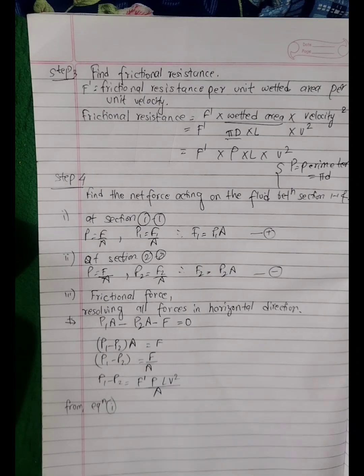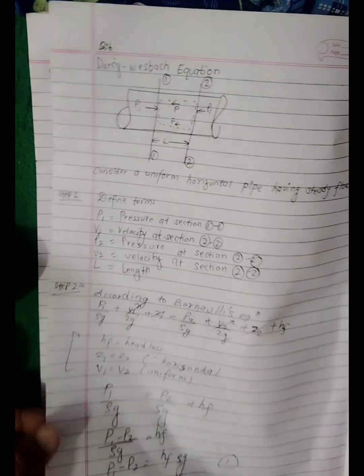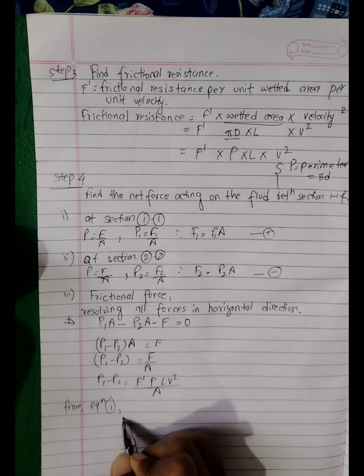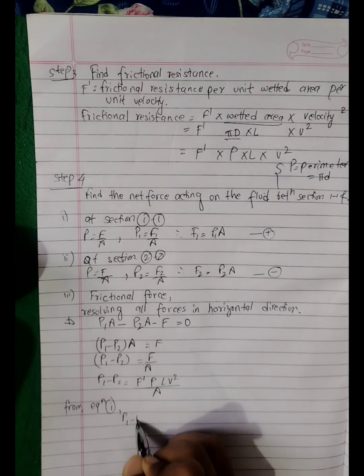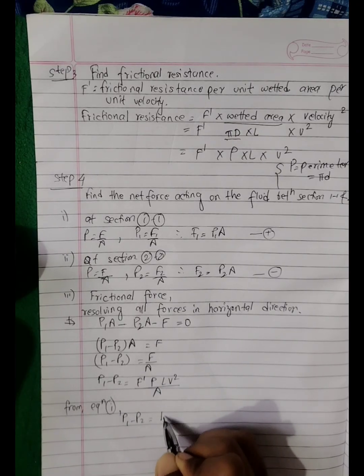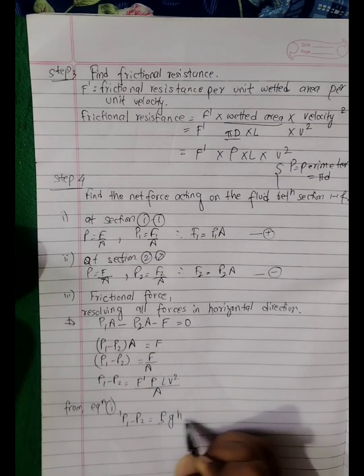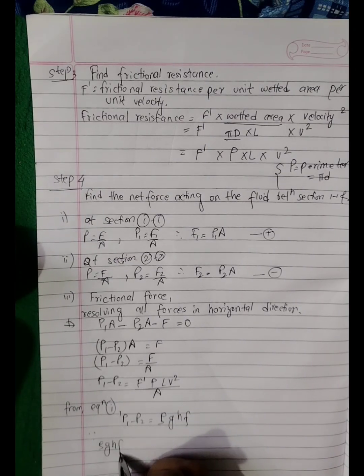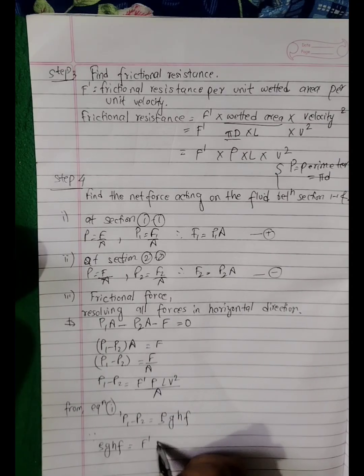From equation first, we know P1 minus P2 is equal to rho g hf. Therefore, rho g hf is equal to f dash P by A L V square.